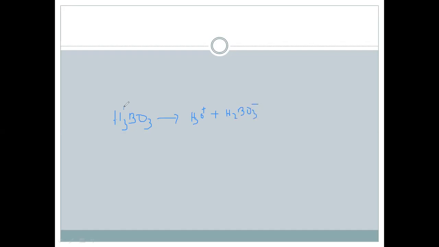See here, what is the difference? One hydrogen difference is there.